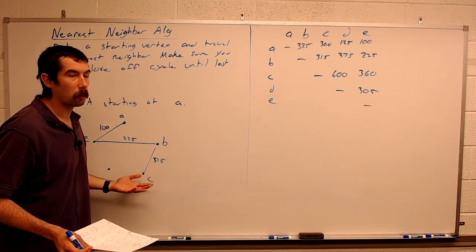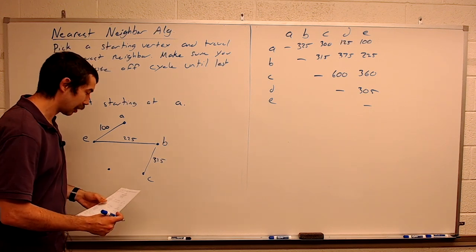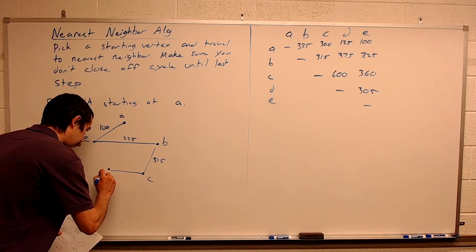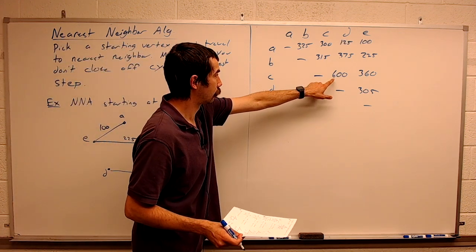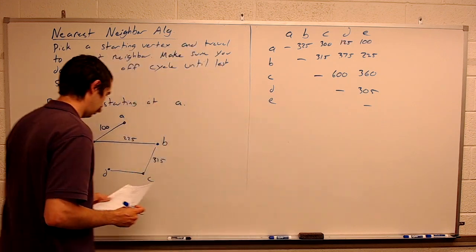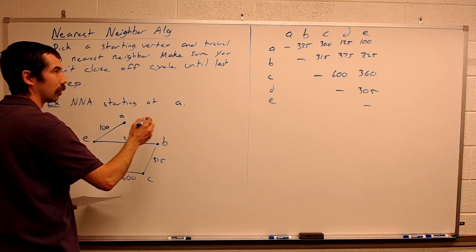All right, there's only one vertex that hasn't been visited yet, so we know that C is going to go to D. And that has a weight of 600. And now we're going to go back to the start.